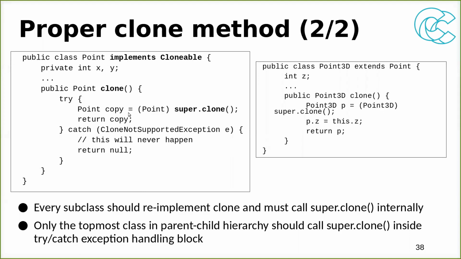If you implement Cloneable in Point, since you are inheriting it, the subclass is also automatically marked with the same interface, Cloneable. So you don't have to use a try and catch block inside the subclass. Those are the points related to the implementation of clone.